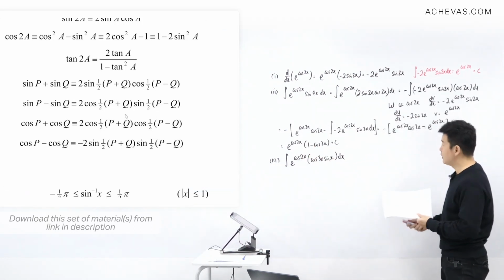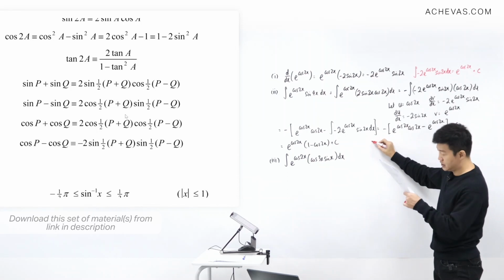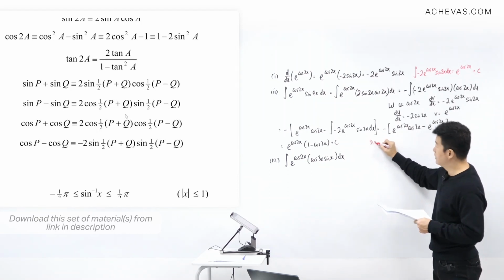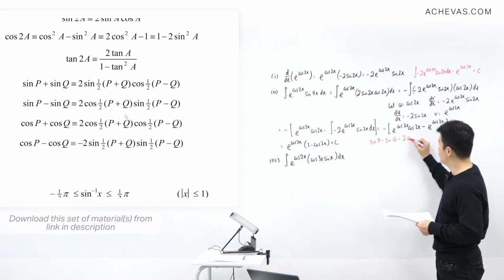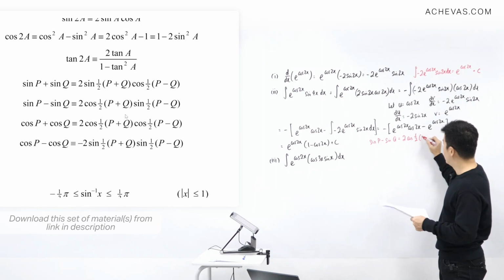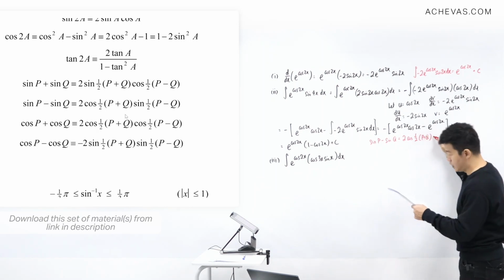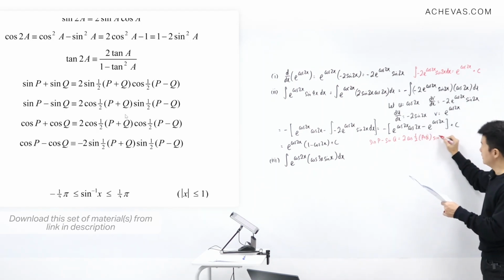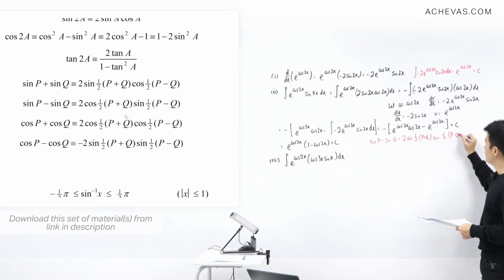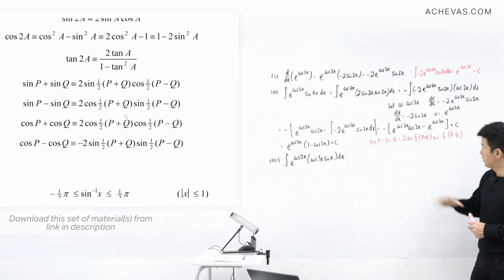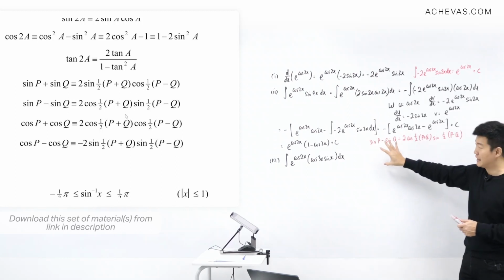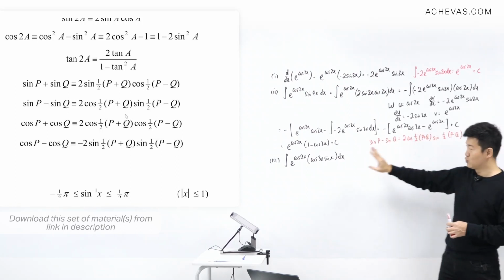So the identity that we have is sine P minus sine Q, which is equal to 2 cosine half (P plus Q), then sine half (P minus Q). It is very simple to convert from the right-hand side to the left-hand side so that I can apply this to what we have here.